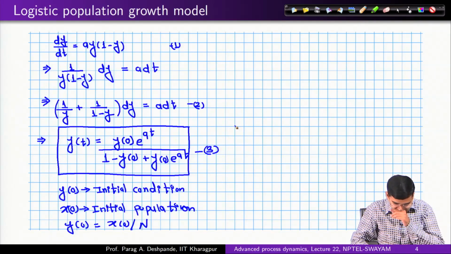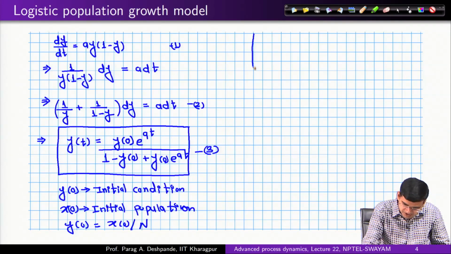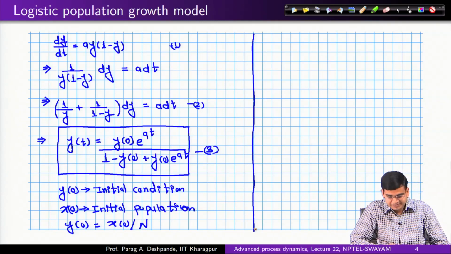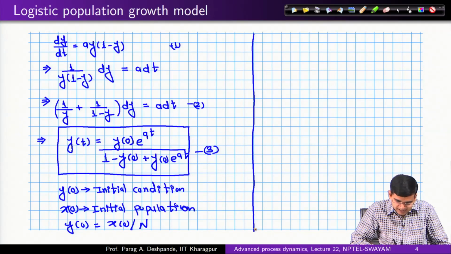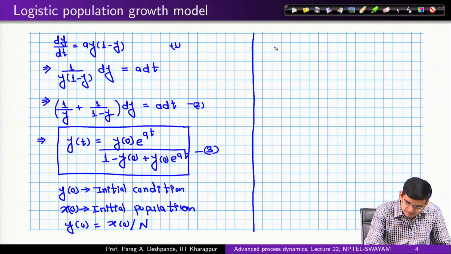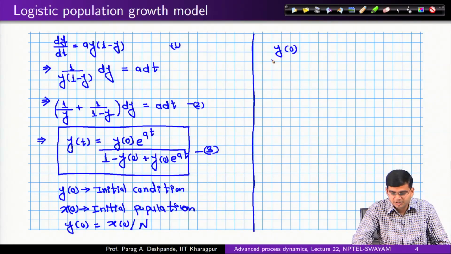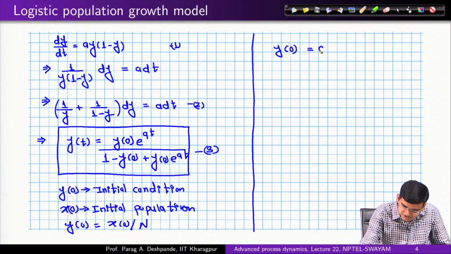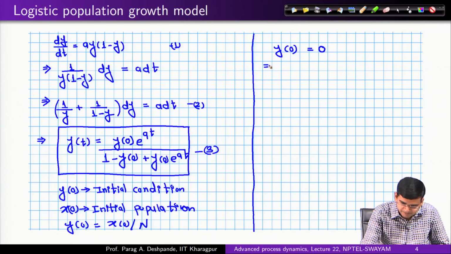Okay, so, let me have a look into equation number 3 and then try to understand the behavior of this solution. Now, what I see is that if y 0, my normalized initial population is 0, which means I do not have any population at all, then what will happen?